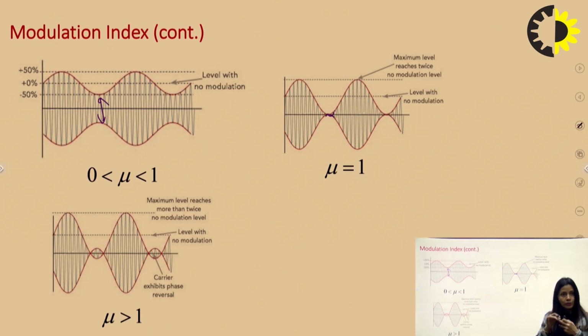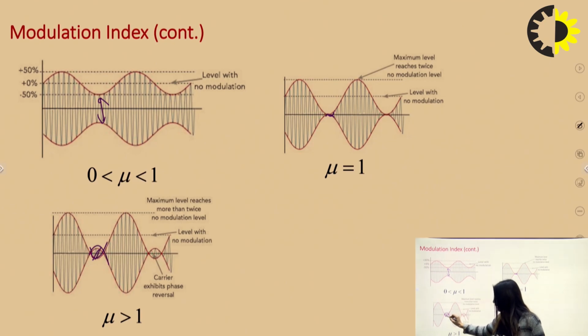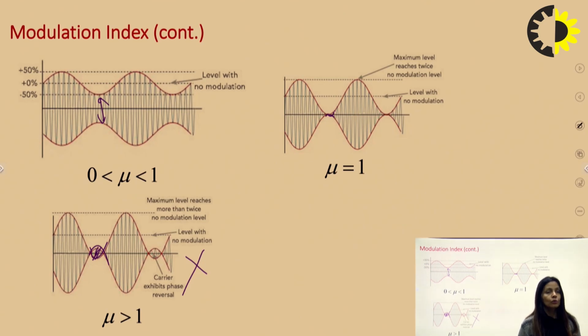So these 2 points will touch each other at the x-axis, and if I put mu greater than 1, then these 2 points will overlap, and this is not acceptable. So mu should be less than 1; this is the right way to do the modulation.